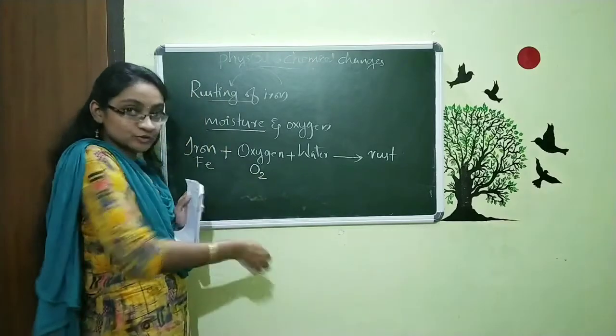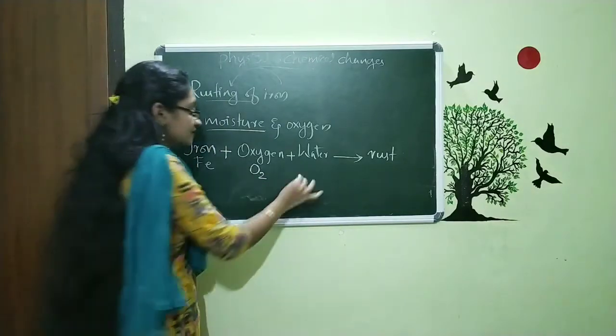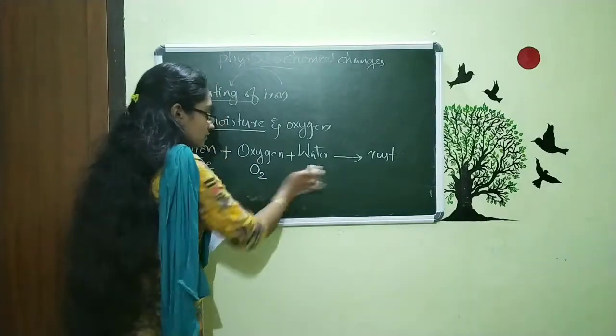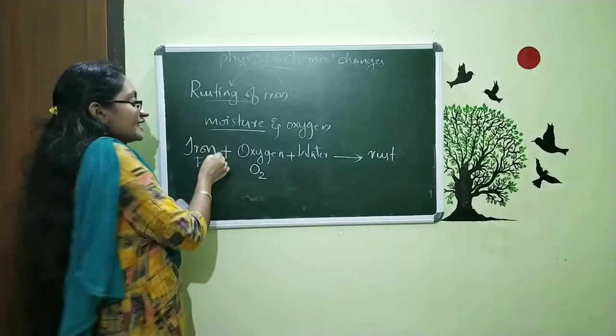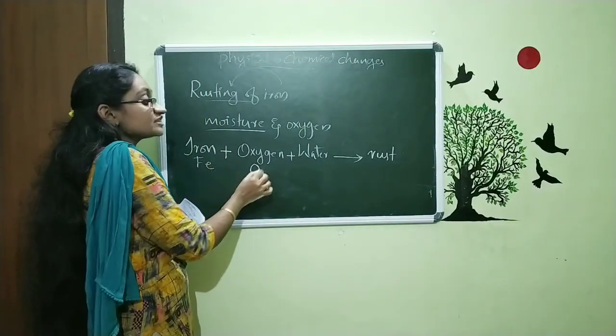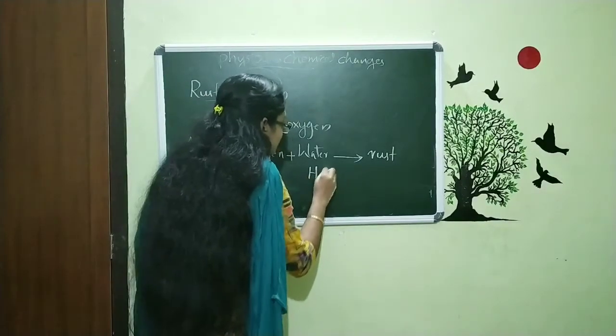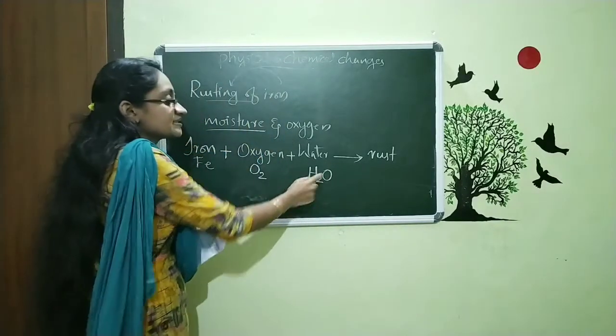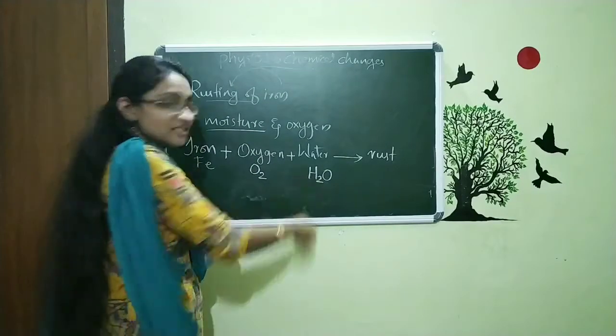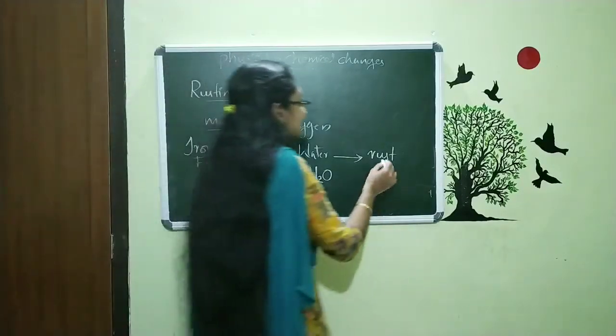We want to write the 2 as a subscript. Don't write it as O2 on the line; this is wrong. So when iron Fe reacts with oxygen and with water H2O, both H and O are capital, and this 2 is a subscript, we get rust.